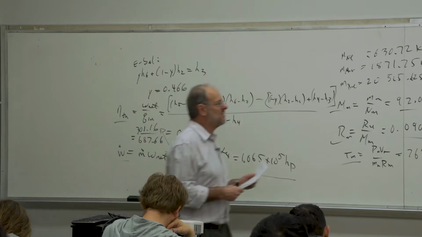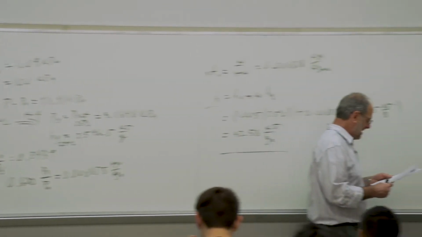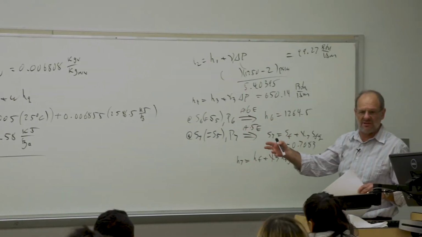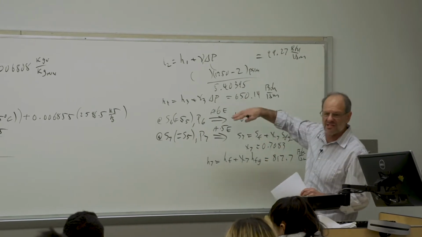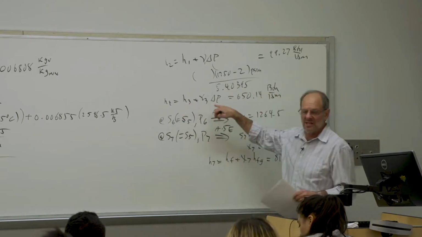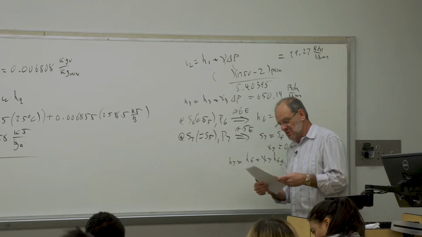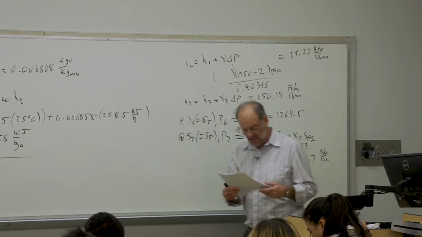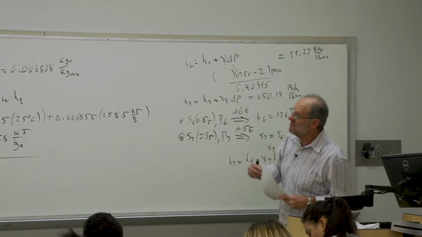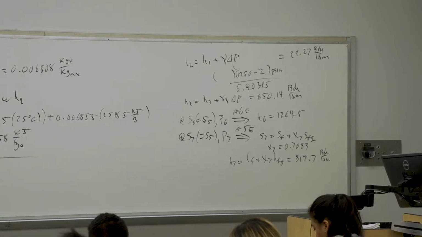3 points for knowing how to calculate h2. 3 points for knowing how to calculate h4. By the way, you could have actually used table A7, the compressed liquid tables, for some of this, like from 3 to 4 you could have. But it's a whole lot easier just to use the v delta P. Anyway, then 3 points for knowing how to get from 5 to 6, 4 points to get down to 7, 5 points for having the right energy balance and calculating the extraction steam flow fraction appropriately.